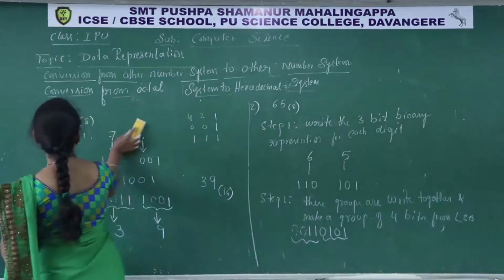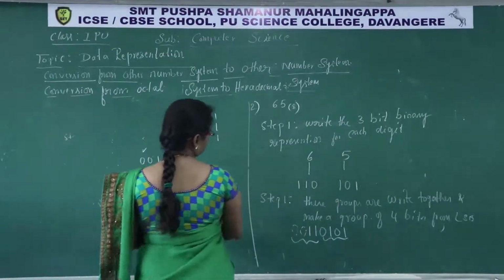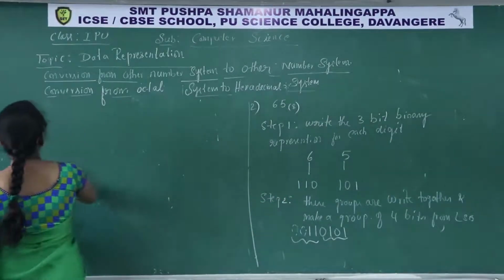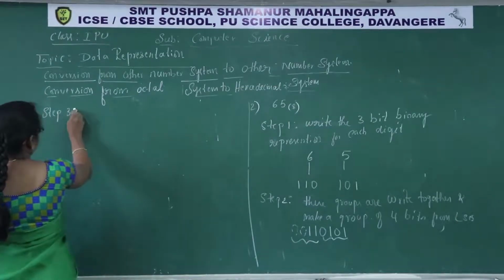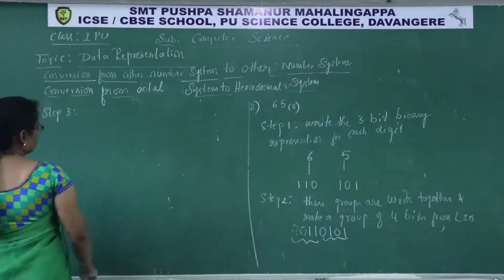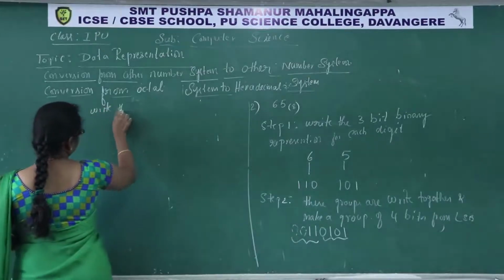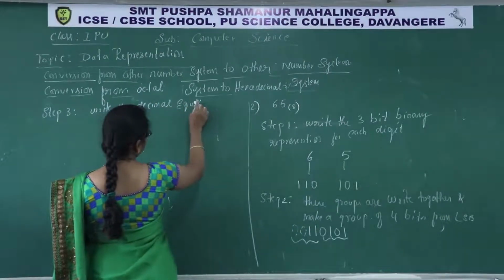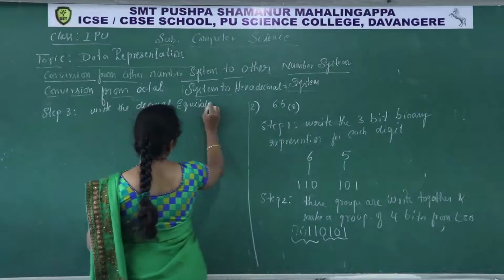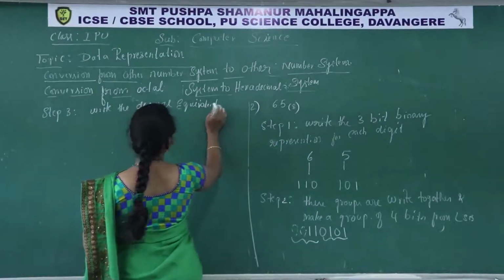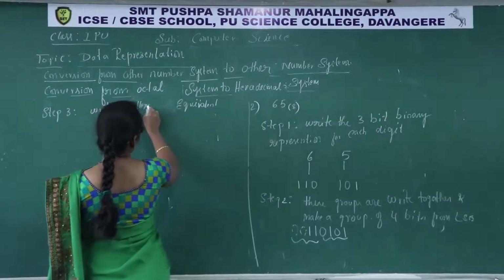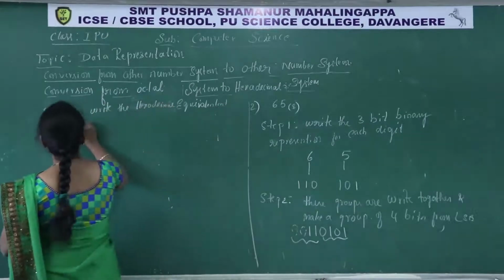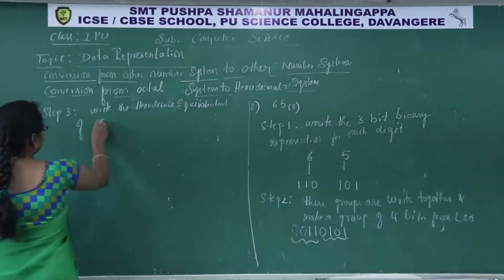Then in step 3, write the decimal equivalent, the hexadecimal equivalent of each group.